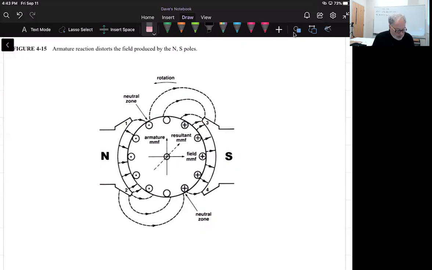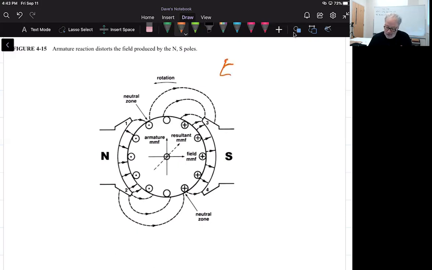Consequently, the increase in flux under pole tips 2 and 3 is less than the decrease in flux under 1 and 4. As a result, the total flux produced by the north and south poles is less than it was when the generator was running at no load. This gives us a reduction in the induced voltage that we would look at from equation 4.1.